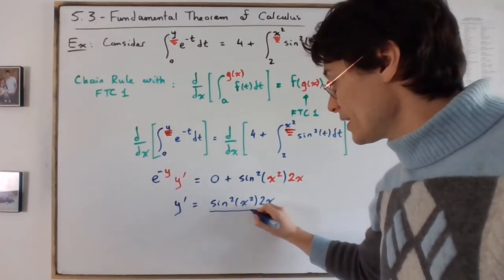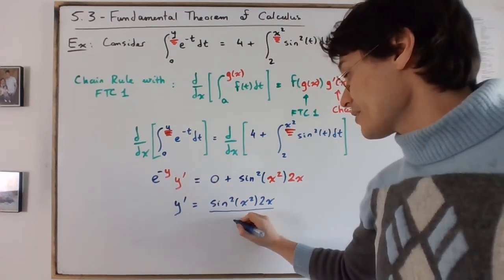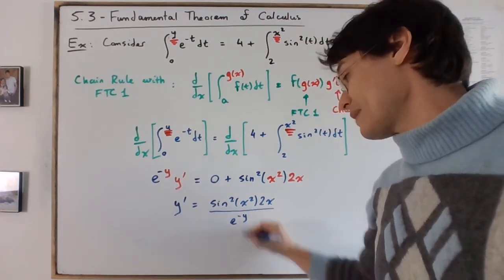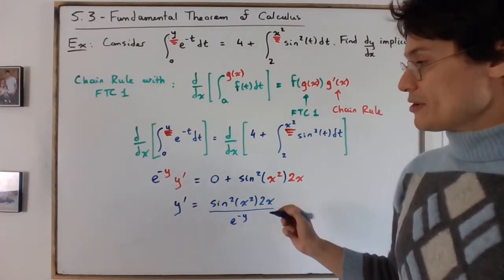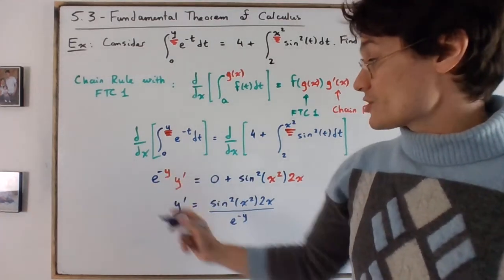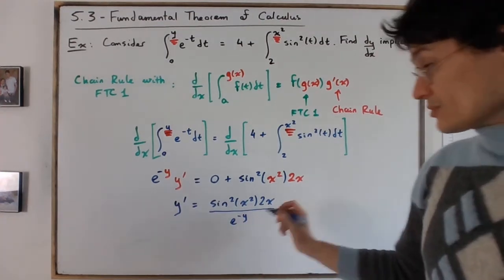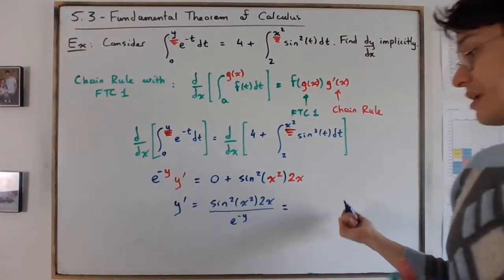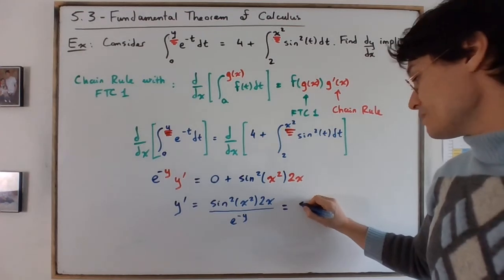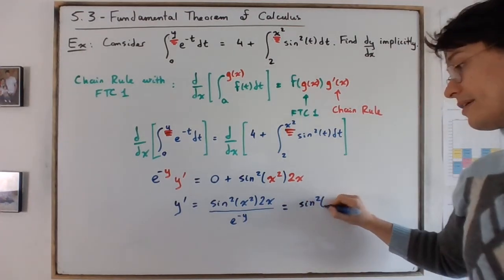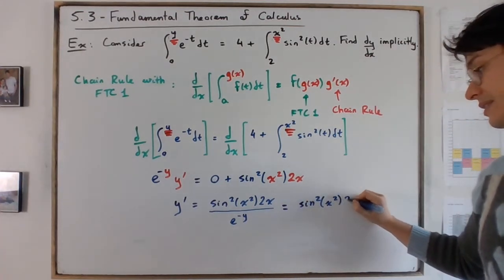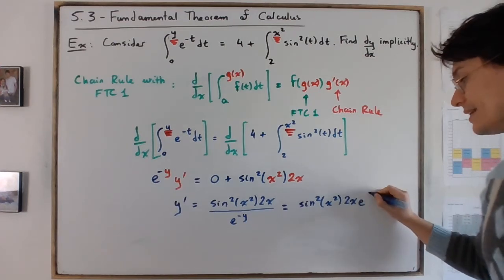What I want to do is send this to the other side, and you are used to doing this by division. But remember that whenever you have an exponential function like this one, you can use the rules of exponents to send this to the top. So your final answer would be sine squared of x squared times 2x times e to the y.